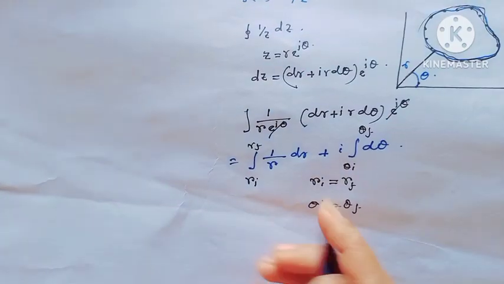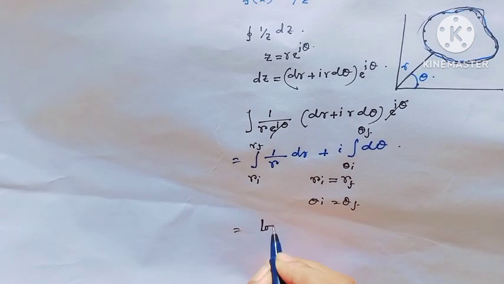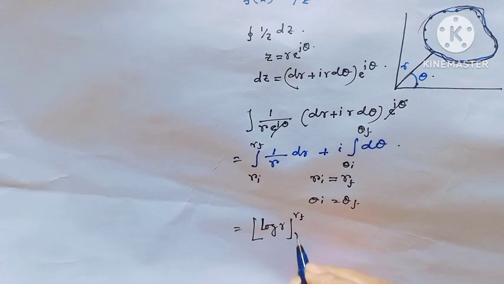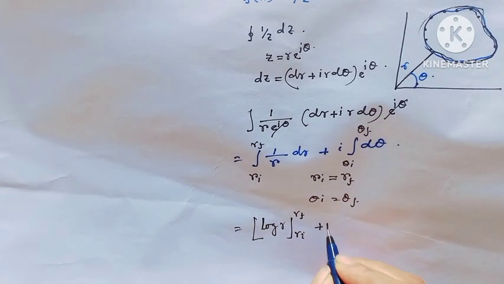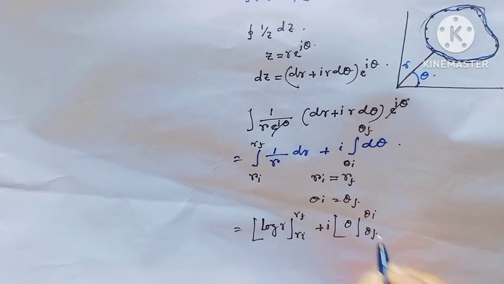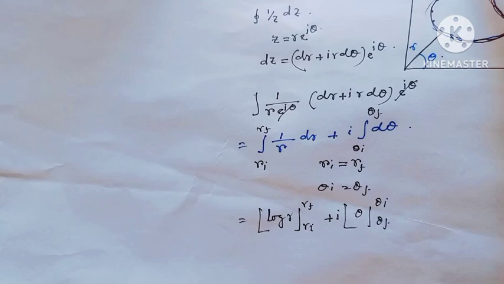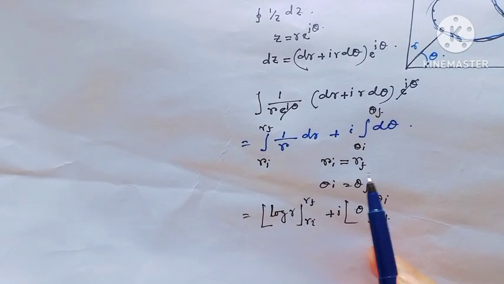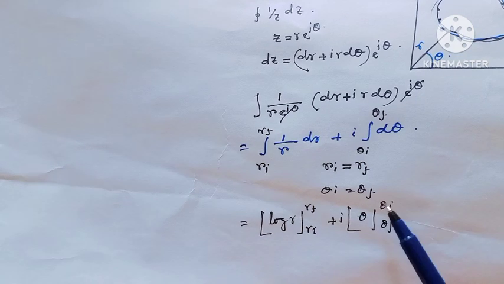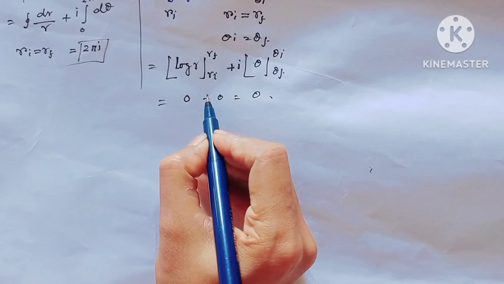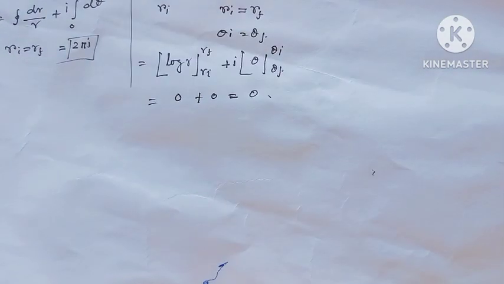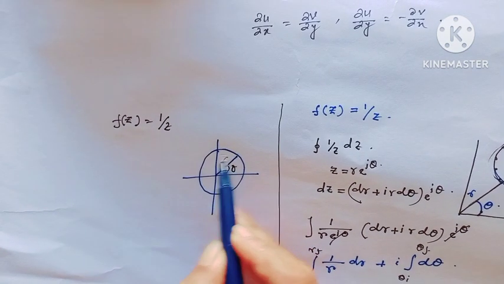Therefore, by integrating, this value is log r varying from r_i to r_f, plus iθ varying from θ_i to θ_f. Since this is a closed curve, r_i = r_f and θ_i = θ_f, so we get 0 plus 0 equals 0. I hope all my viewers have understood this.